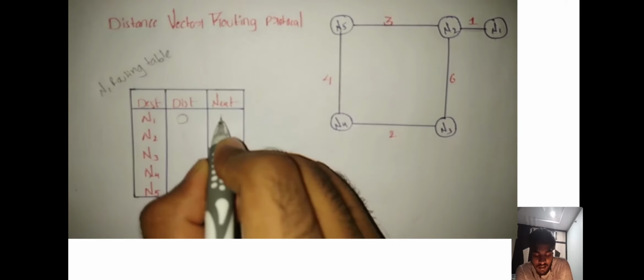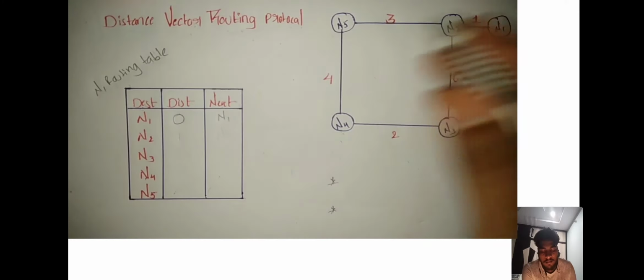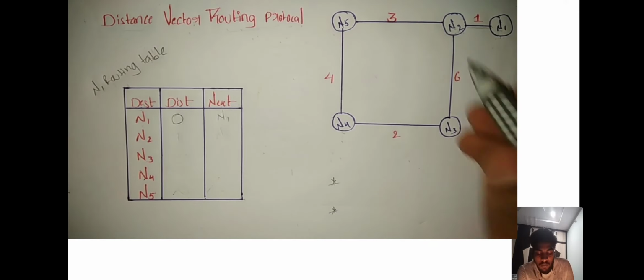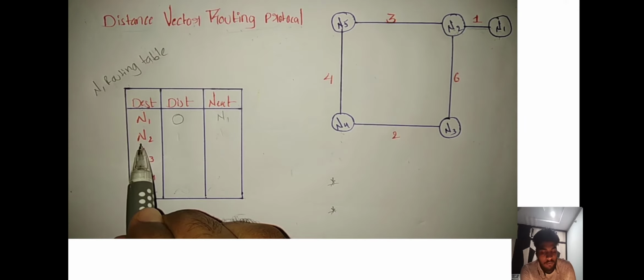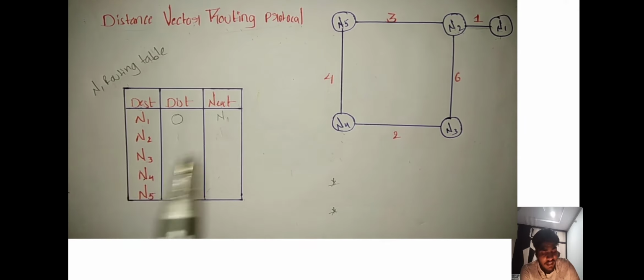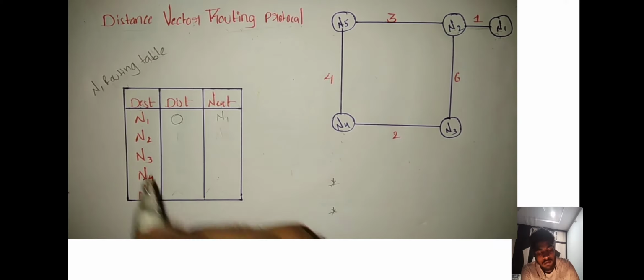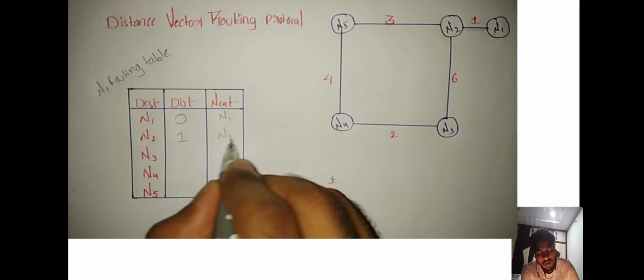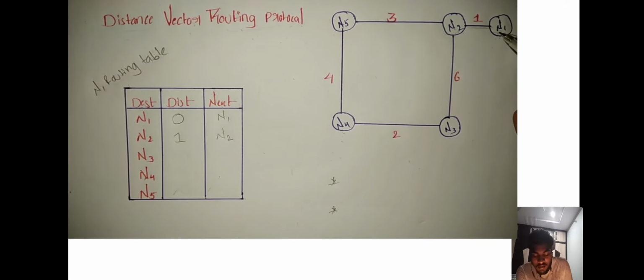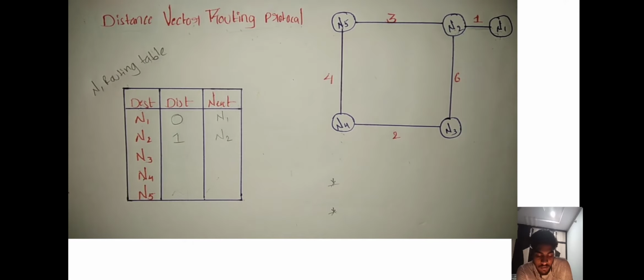And what's the next node? N1. We'll call these nodes, that's why we named them N1, N2, N3, N4 and N5. Now N1 has to go from N1 to N2. What's the distance? It is 1. And what's the next node? N2.